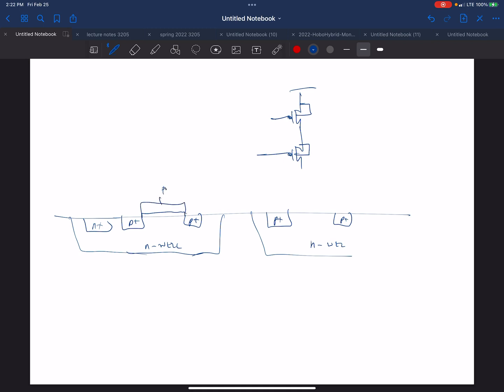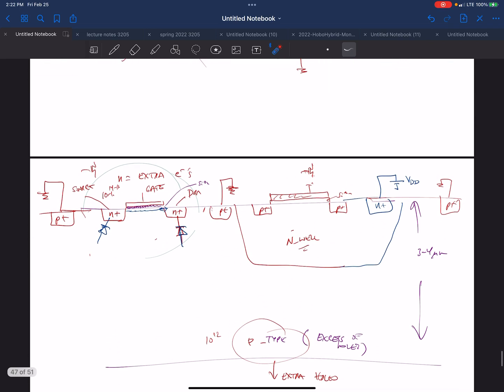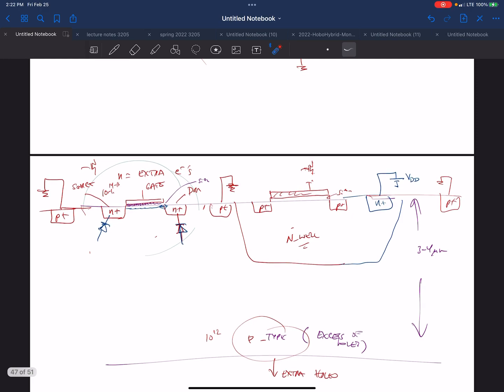So this is one PMOS, this is the other PMOS. So these are the well connections. Because in my process the PMOSFETs are in wells, I can electrically put different biases on those wells.